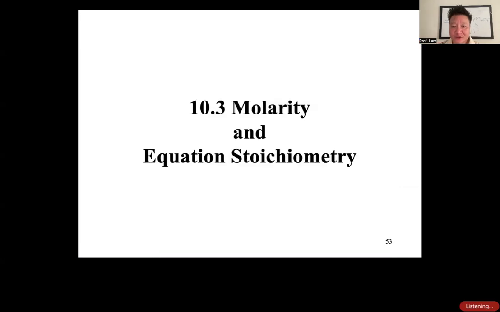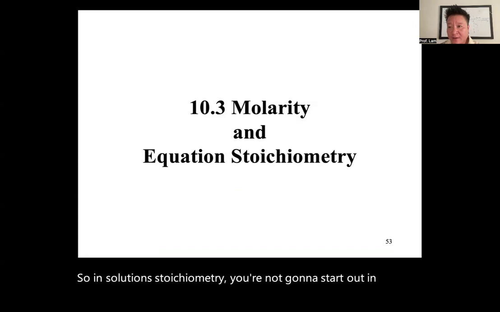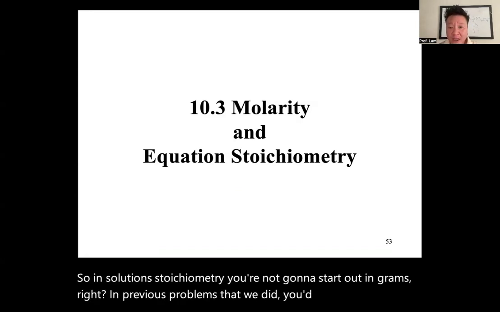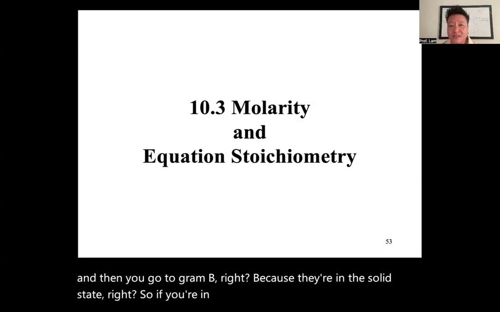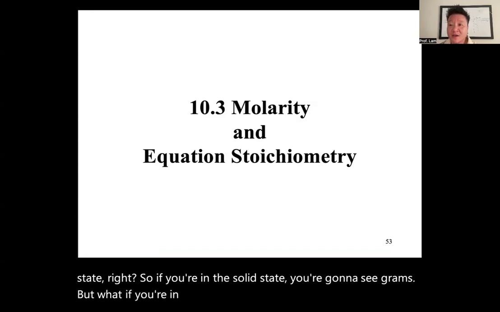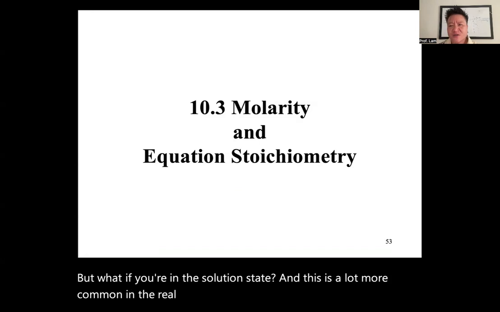So in solution stoichiometry, you're not going to start out in grams, right? In previous problems that we did, you would start out at gram A, and then you go to gram B, because they're in the solid state. If you're in the solid state, you're going to see grams. But what if you're in the solution state? This is a lot more common in the real world because solids don't react with each other very well.